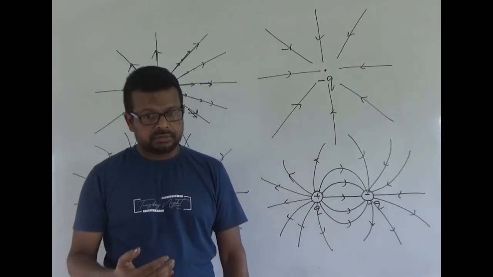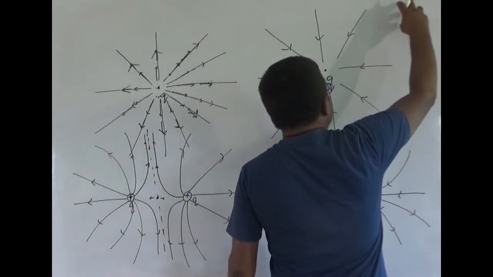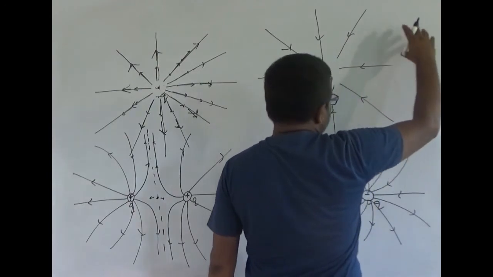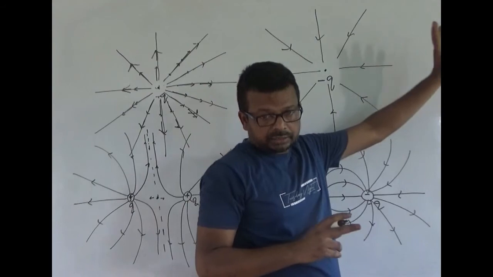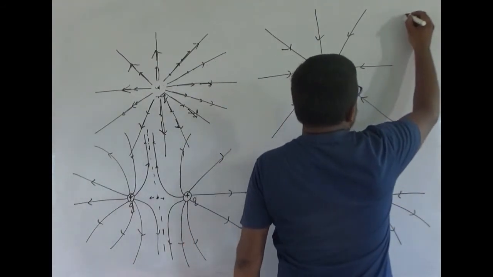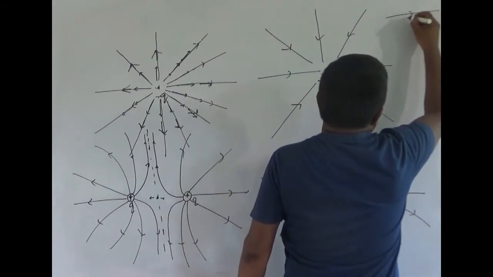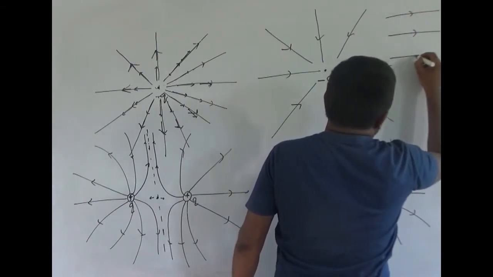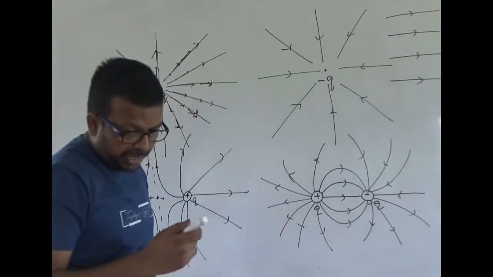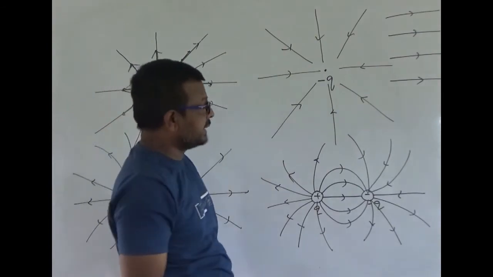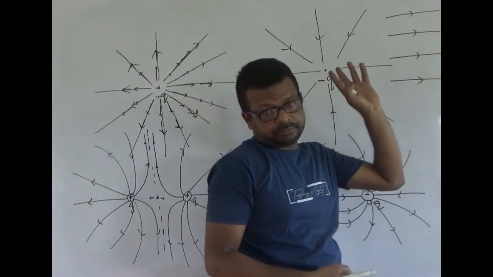That means in this region the electric field intensity at every point is the same, with the electric field in this direction. That electric field is represented by the electric field lines as equally spaced parallel field lines.